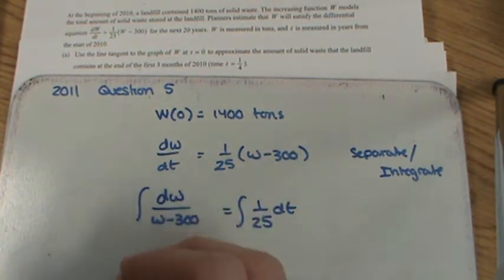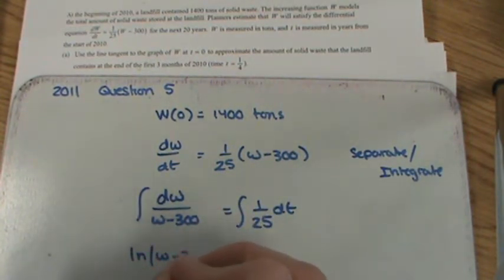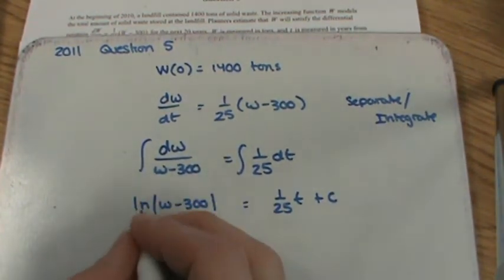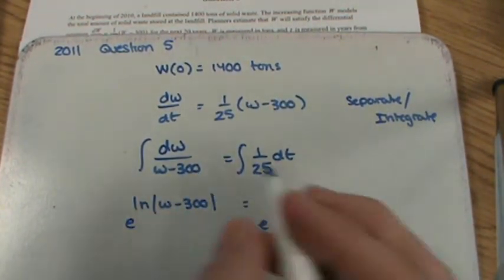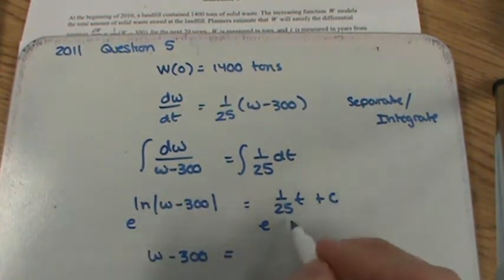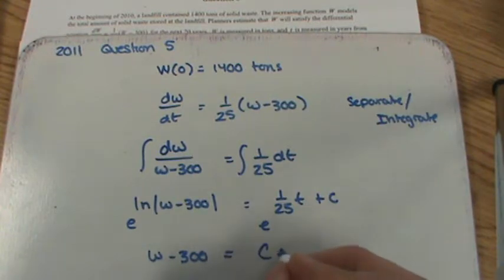So when I integrate this, this is natural log of the absolute value of W minus 300. This is just going to be 1 over 25 t plus C. Remember that to get rid of natural log, we e it, which gives us W minus 300 equals, remember whenever we have that plus C up there, it becomes C e to the 1 over 25 t.